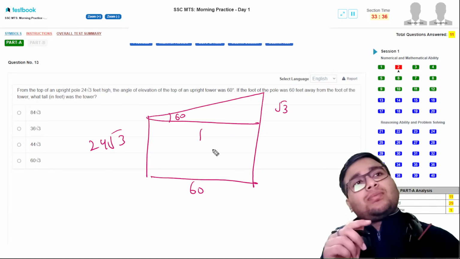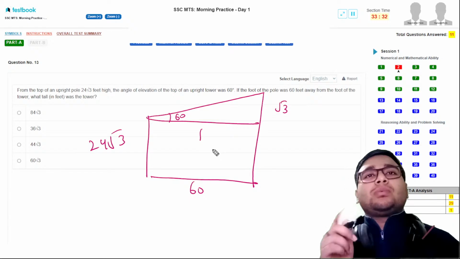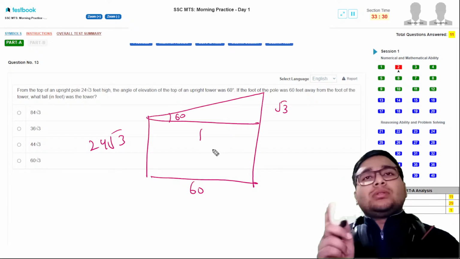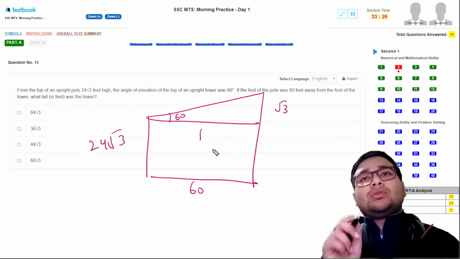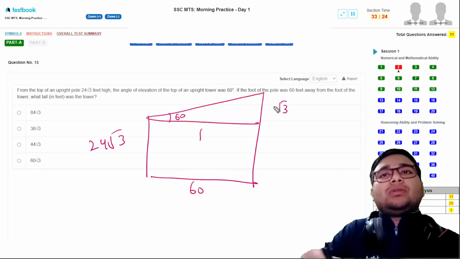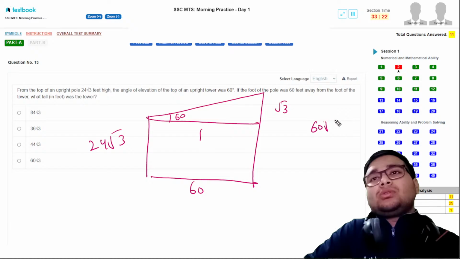From the top of an upright pole, the angle of elevation of the top of a tower. The foot of the pole is 60 feet away. So the value of 1 is 60 root 3 plus 24 root 3, 84 root 3.